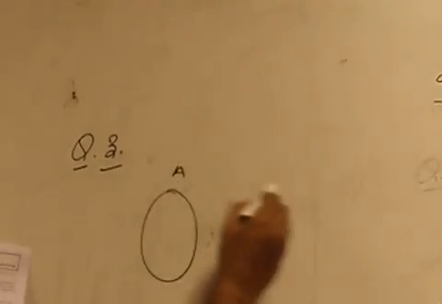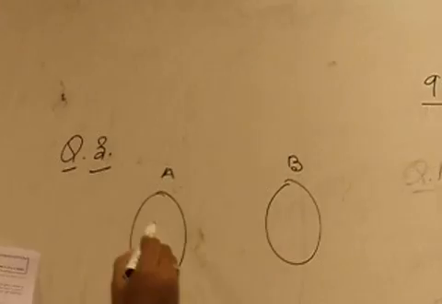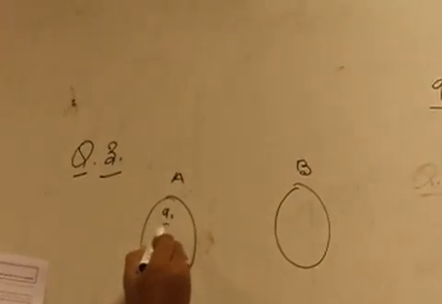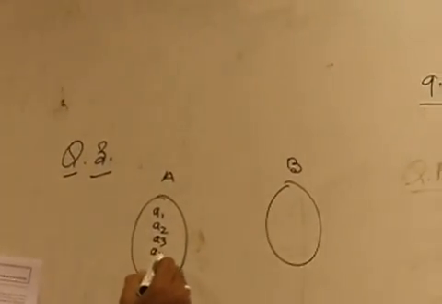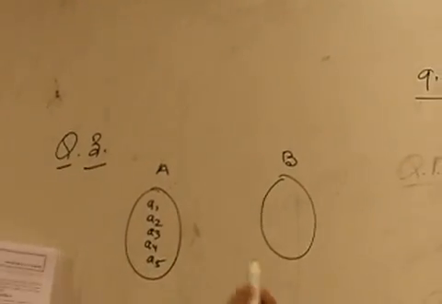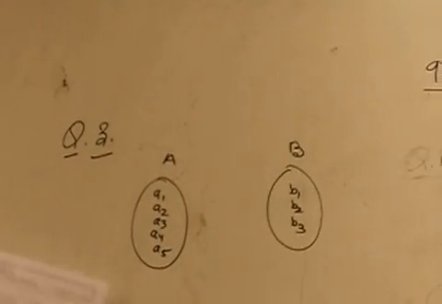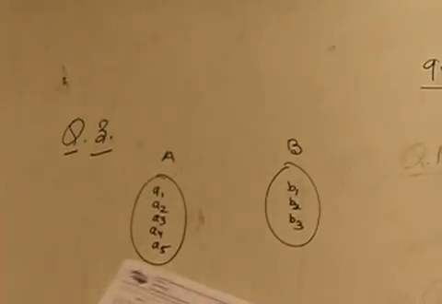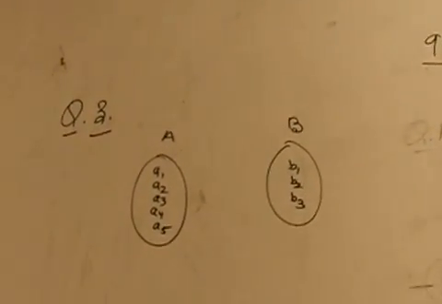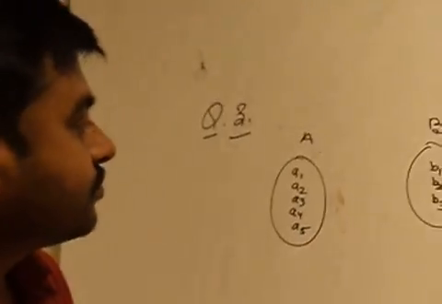We have to define the number of functions from set A to set B, where set A includes A1, A2, A3, A4, A5, 5 elements, and set B has 3 elements, let's say B1, B2, B3. The question is how many functions can be formed so that the functions are onto, right?